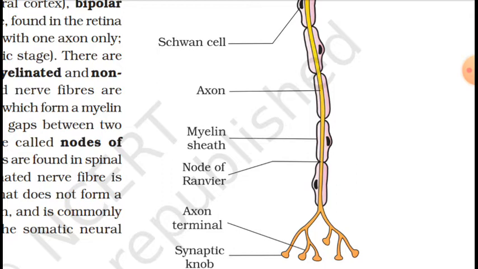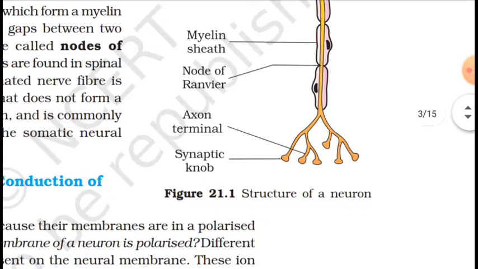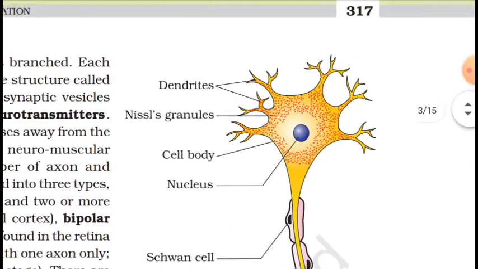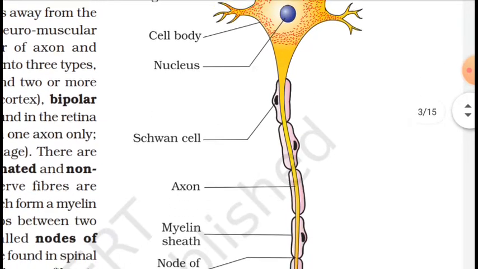Then here at the terminal end of the axon, the axon terminal is there, where synaptic knobs are there, from where neurotransmitters, chemicals, are secreted from the synaptic knob region. So this way the structure known as a neuron or a nerve cell is a structural and functional unit of the nervous system.